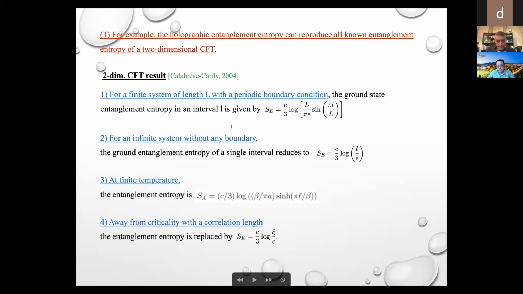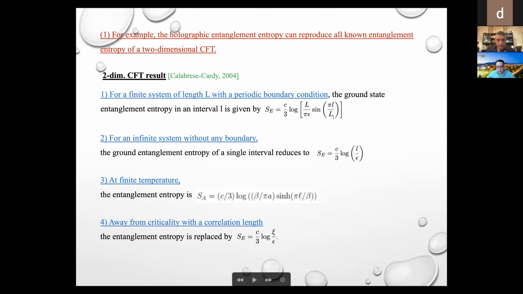We consider a finite system, divide it into two parts, and then integrate out, or trace out, one region. Then we obtain this type of entanglement entropy. Also, we can consider an infinite size system. In that case, the entanglement entropy is reduced to this one.